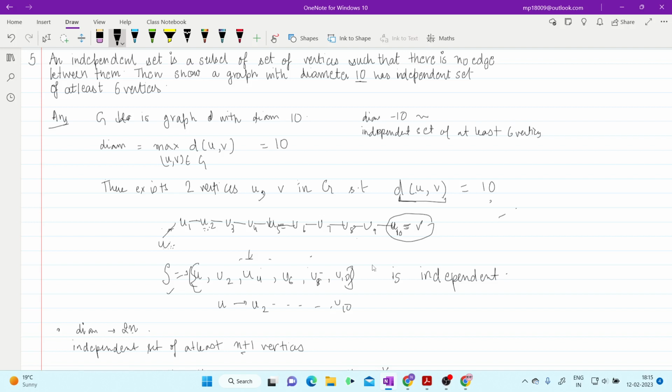This was 2 into 5. This is a particular example for n equal to 5. If we want to generalize it, this can be one of the possibilities. Now we want to check whether this is true or not.